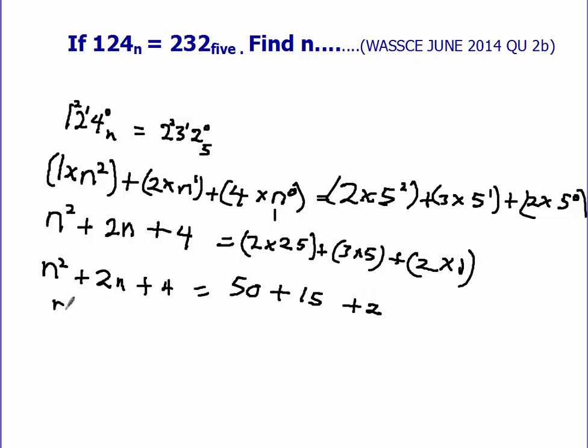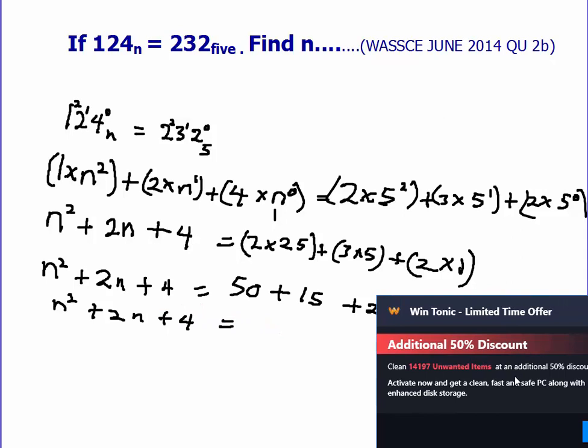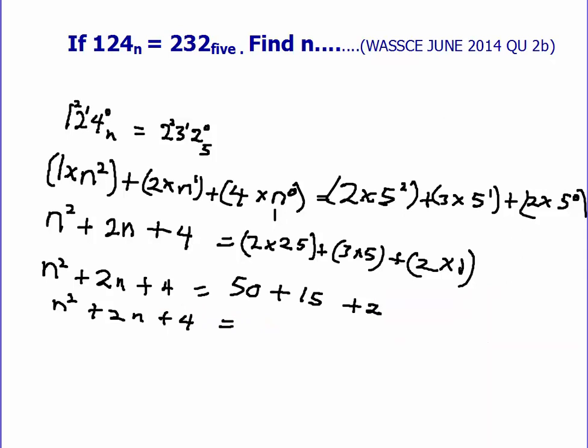Therefore, n to the power 2 plus 2n plus 4 is equal to, 50 plus 15 is 65, plus 2 is 67.